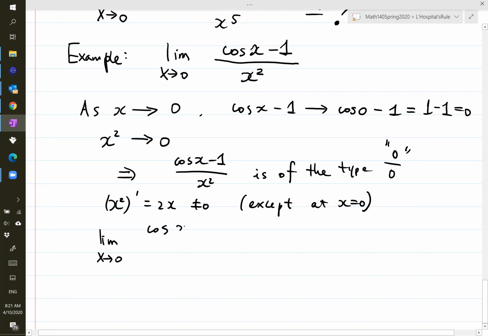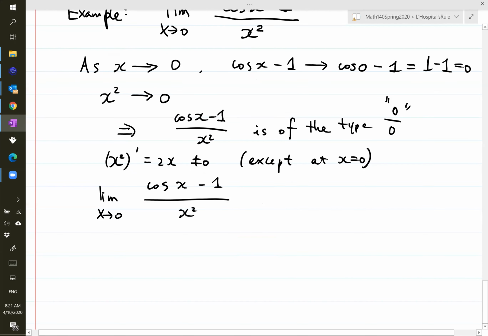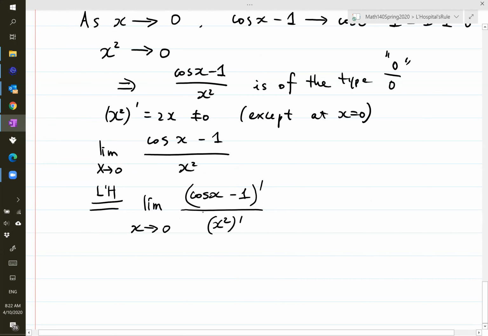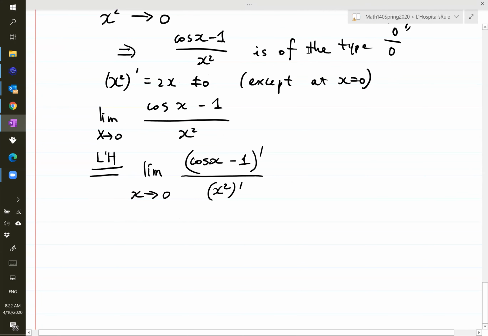So by L'Hopital's rule, we take the derivative of the numerator and the derivative of the denominator as x approaches 0. Now we apply the power rule.